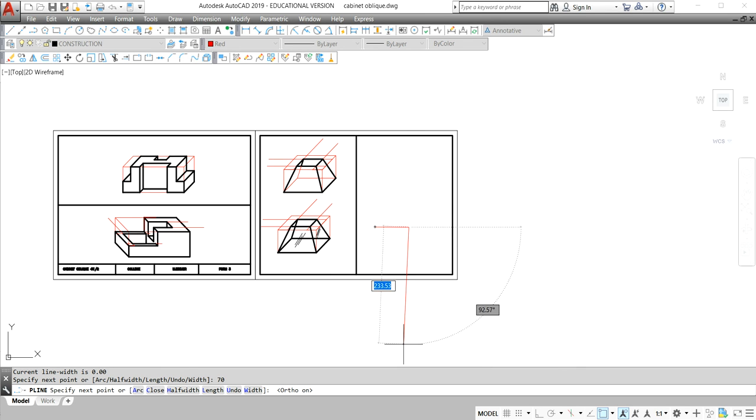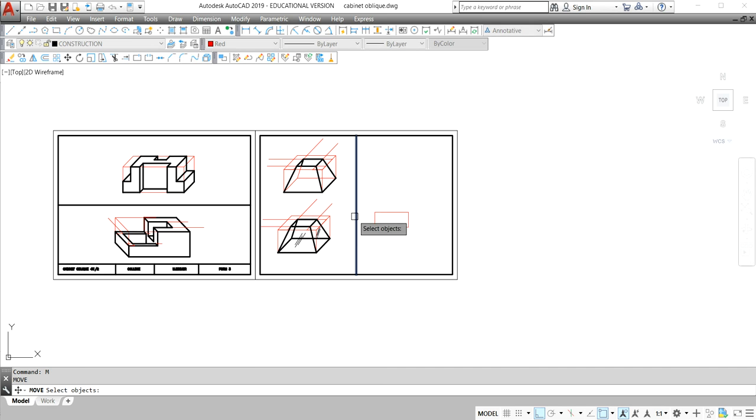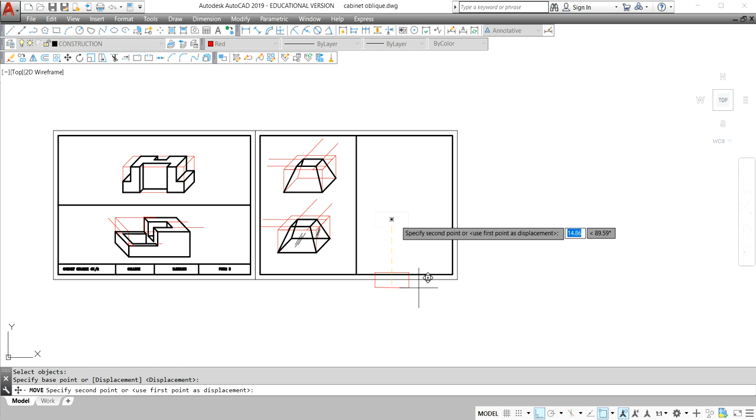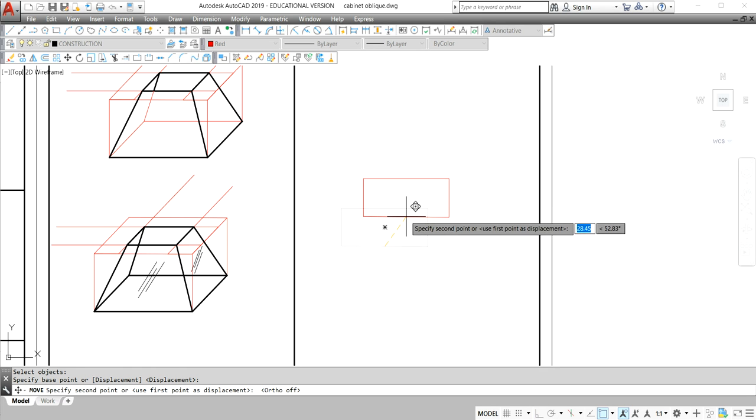The height of the middle part, written in the front view, is 30 millimeter. So 70 and 30, okay, 70. So let me put this over here, okay.